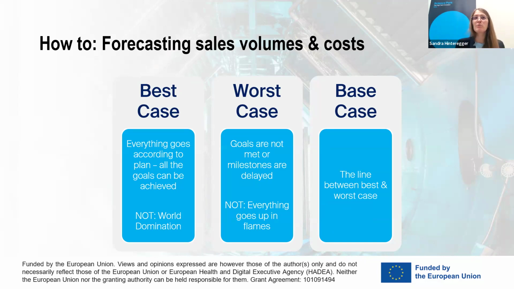It's very important to analyze this case in order to find out what you could do if this happens to you, that some important goals or milestones are not as planned in reality, in order to think about what your plan B would be then, and how you can still continue and try to make the best out of it. And then the realistic case is the line in between.